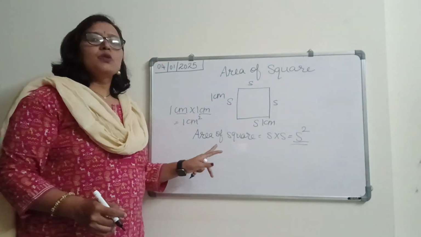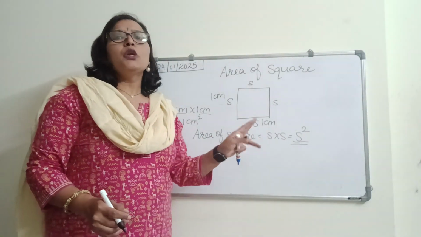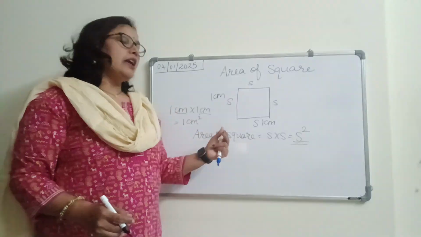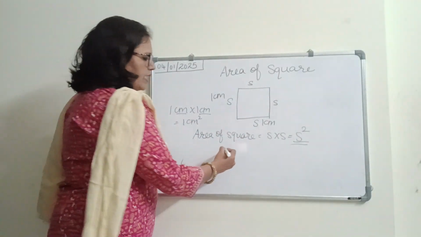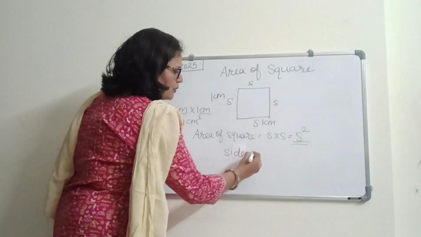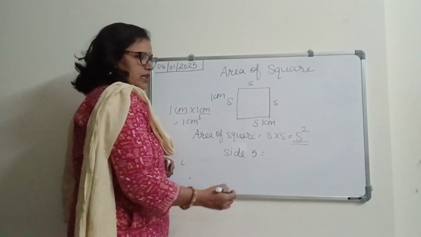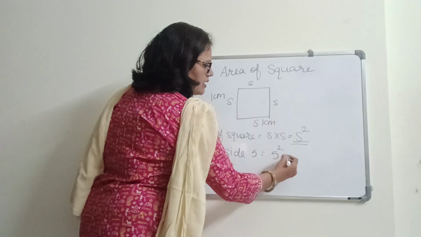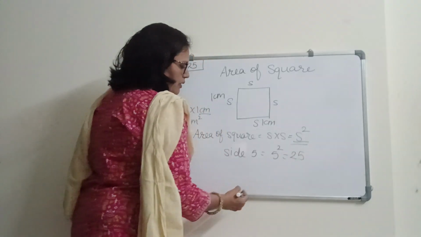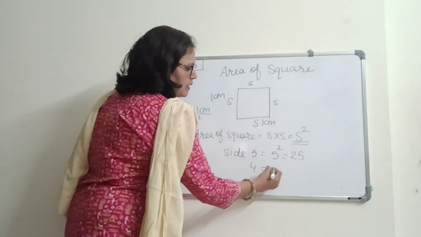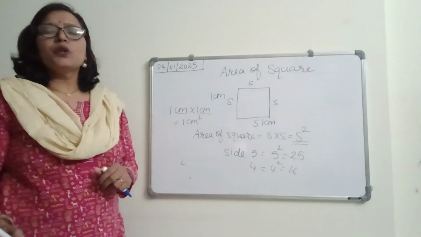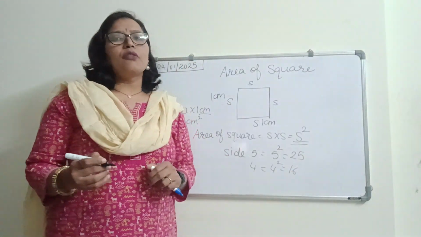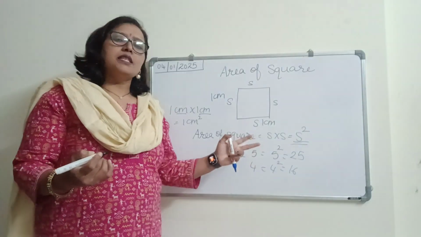Using this formula, you can find the area of any square. Suppose the side is given as 5. The area of the square is 5 square, that is 25. If the side is given as 4 centimeters, 4 square is 16. So this way you can find the area of any square if the side is given.